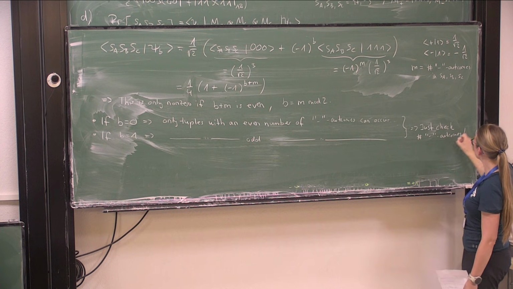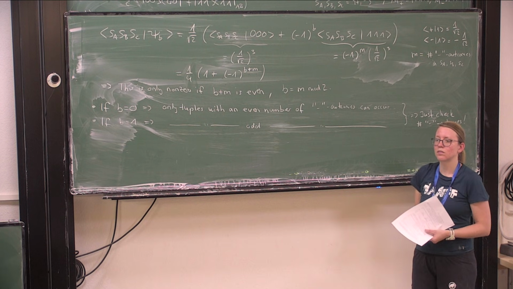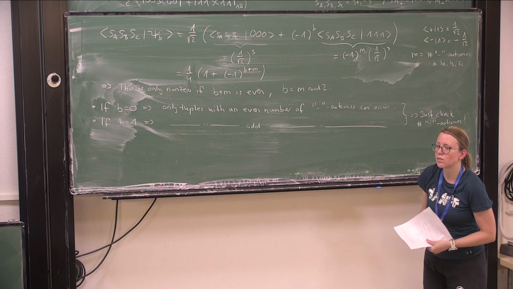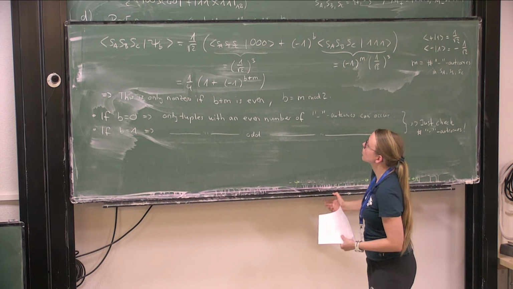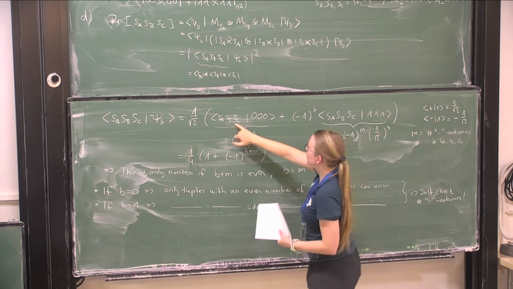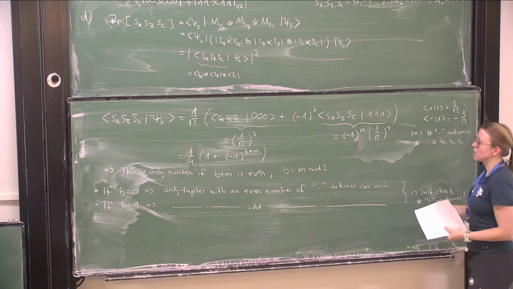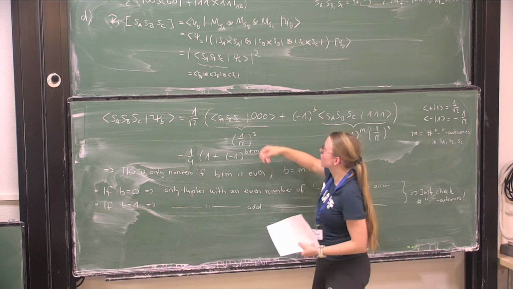Can you repeat why the product of S with 0, 0, 0 is equal to 1 over square root of 2? So these are the plus or minus, those are the two possibilities. And then you have lots of scalar products here.